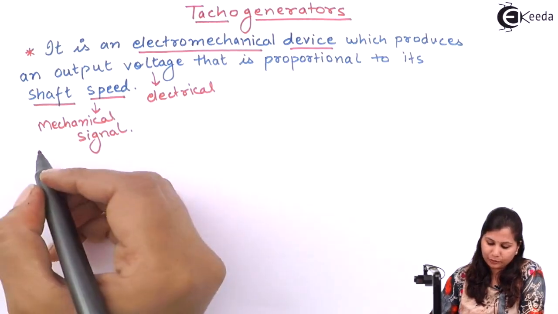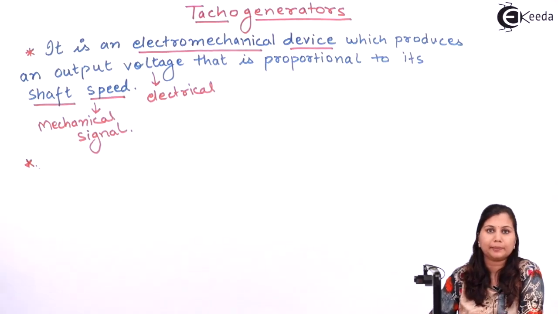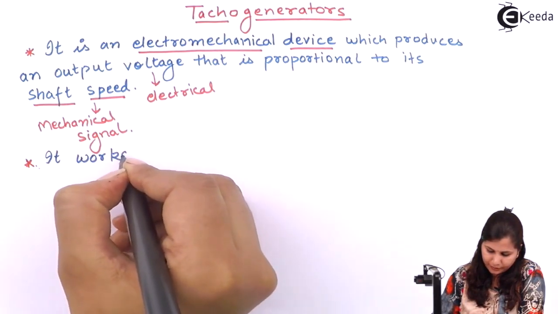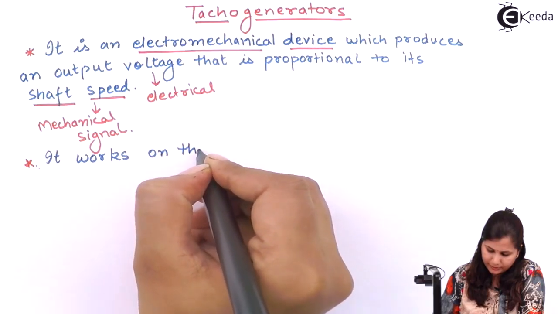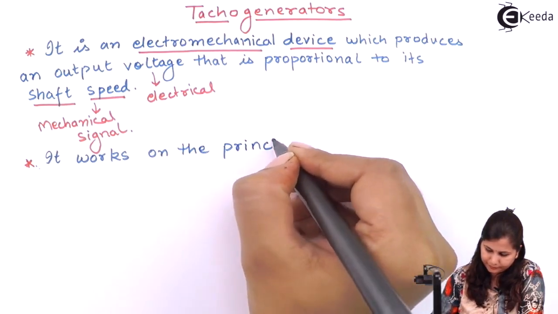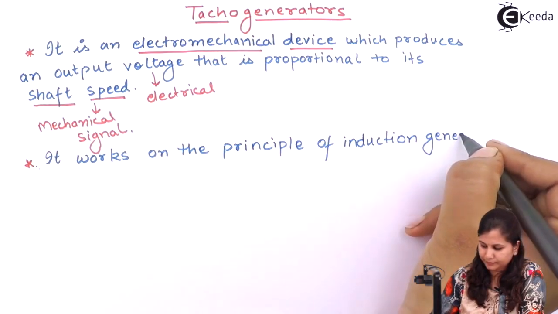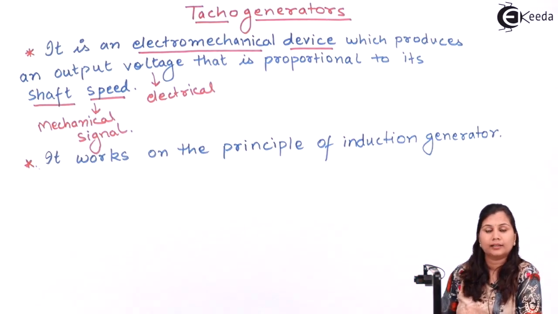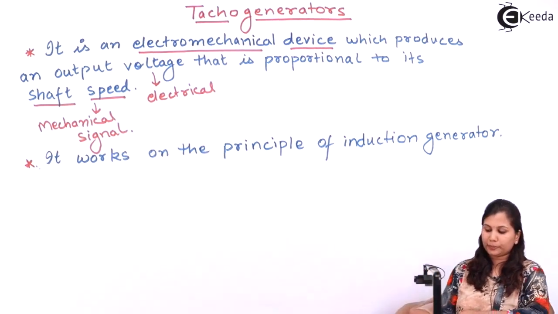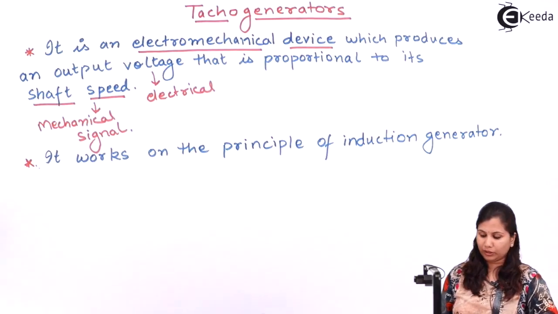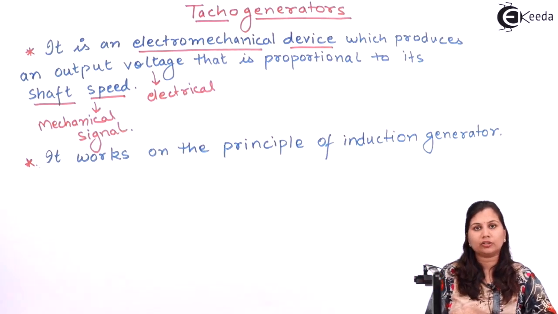Now the tachogenerator works on the principle of induction. So the tachogenerator is working on the principle of the induction motor; whatever principle the induction motor works on, the tachogenerators work on the same principle.